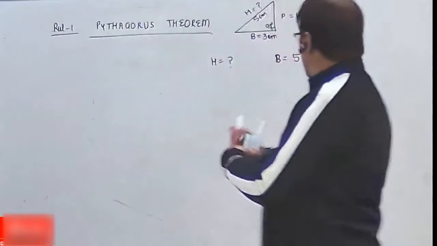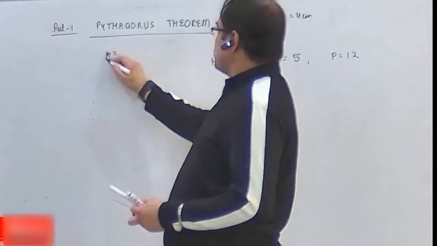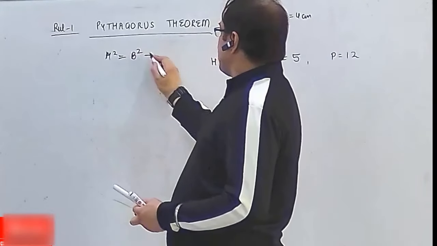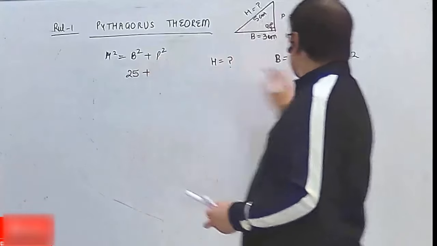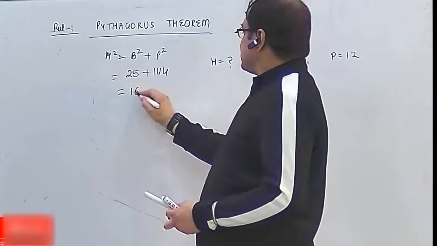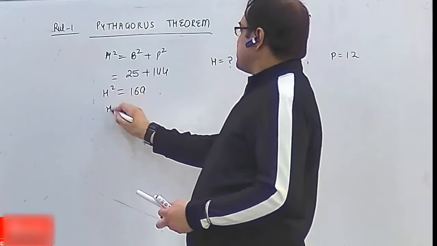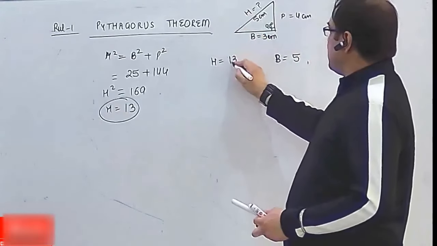Kavita 13. Okay. What we do is we apply this in the Pythagoras theorem. H square is equal to B square plus P square. So B is 5 means 25, plus P is 12 means 144. So this becomes 169. If H square is 169, H has to be 13. So this value becomes 13.